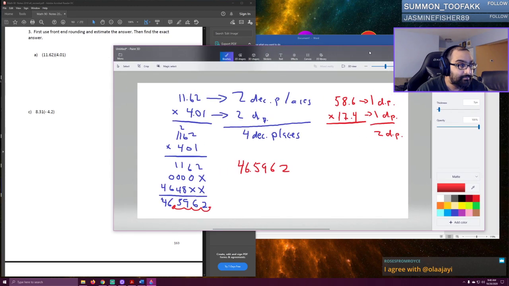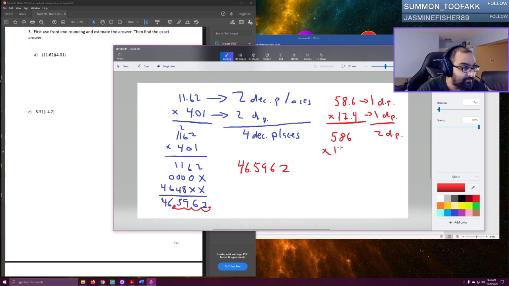Now, the next part is to actually multiply 586 times 174. Again, we're just ignoring that the decimals even exist. We want to just ignore that the decimals are even there in the first place.